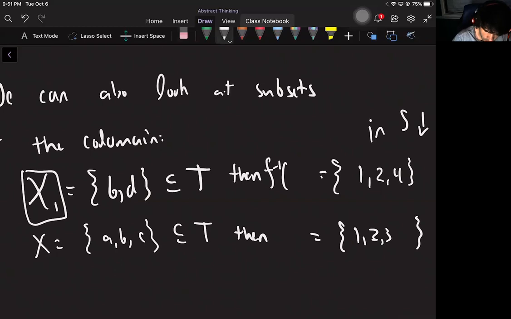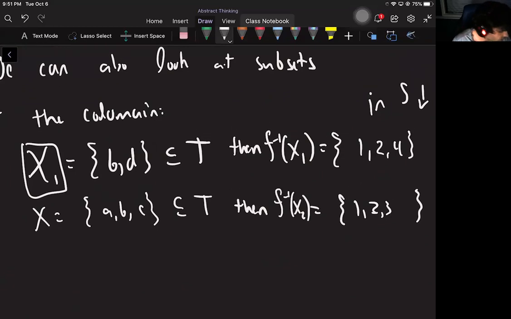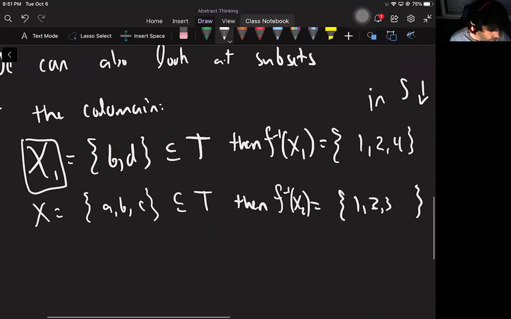We just call the set we get doing this method F inverse of the set, because the idea is you're sending the set in the codomain backwards and figuring out where it came from. So this one would be called this. Okay, so I will define these things properly now, but I wanted to do this example, and then we'll come back to it and describe it using the real definitions.